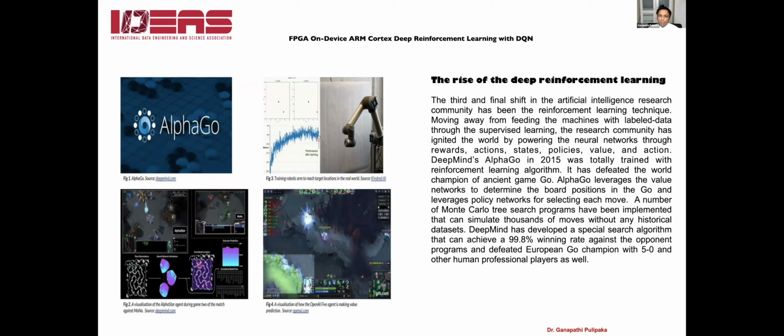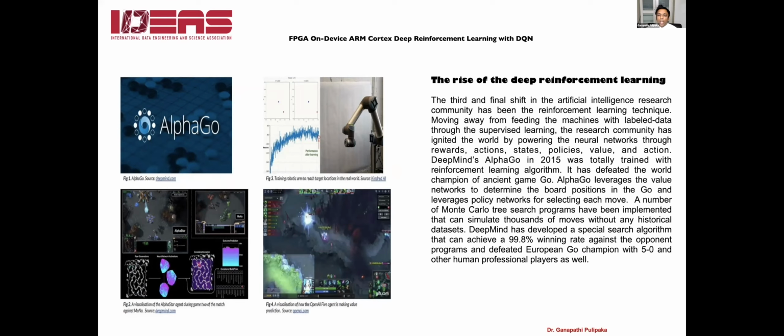AlphaGo is similar to chess, but not exactly the same, and it is more complex with a greater number of combinations. Before the other person can think, it traverses so many Monte Carlo search paths and finds different combinations and permutations of millions of moves. It knows all the possible moves the other person is going to make, and then it can implement the strategy and roll it out before the other person can.